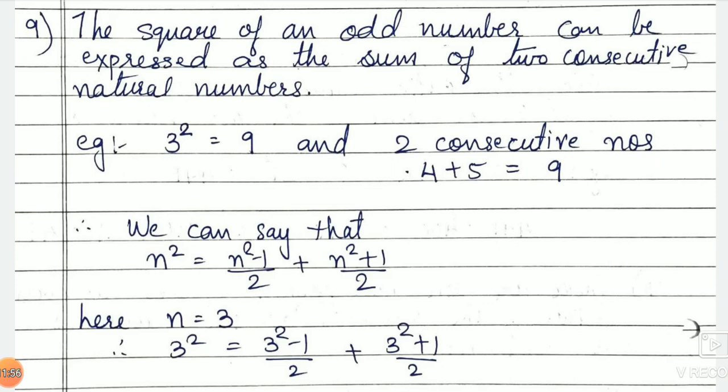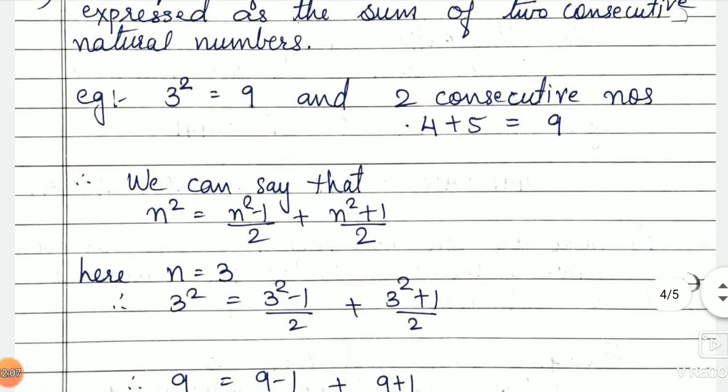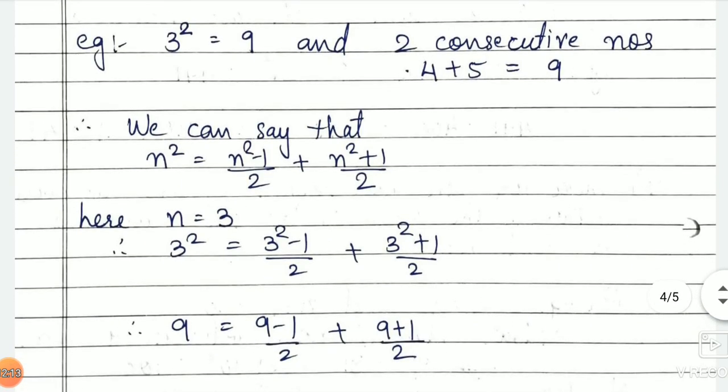So how do we get the relation between these? The relation is, if we take our number as n, then n squared will always be equal to (n squared minus 1) upon 2 plus (n squared plus 1) upon 2. Here I have taken n equal to 3. So 3 squared is 9.